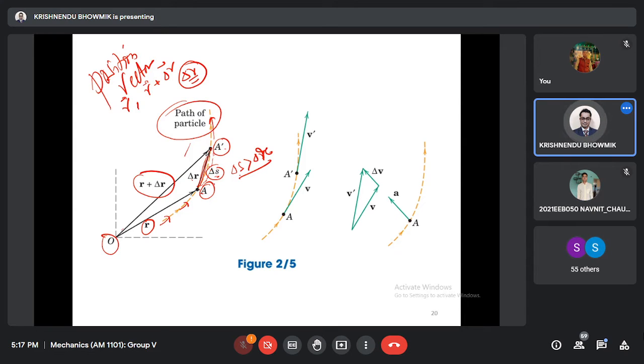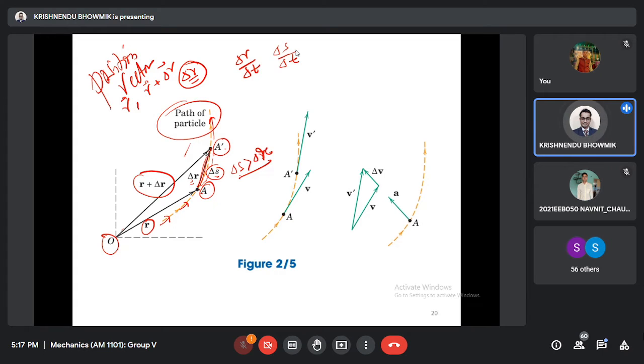Now delta r divided by delta t gives the average velocity. And delta s by delta t gives the average speed.